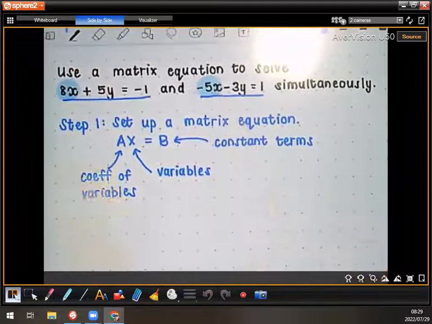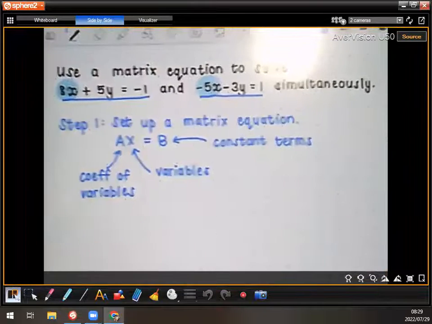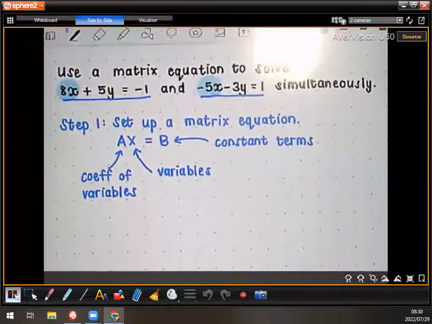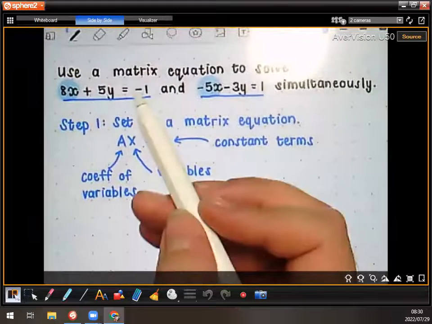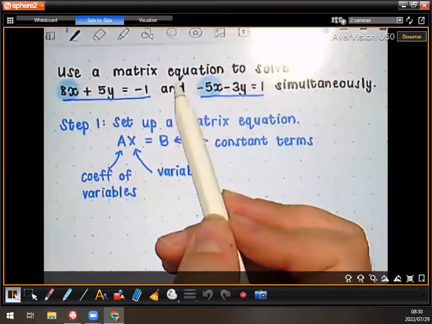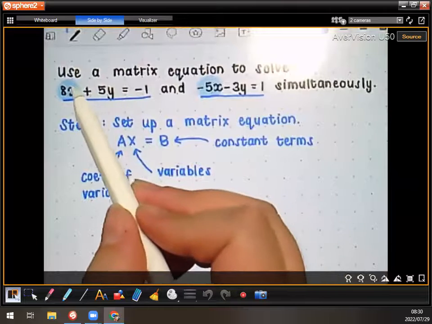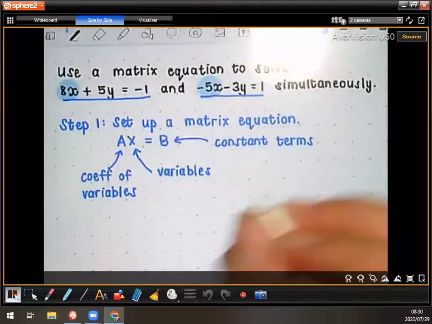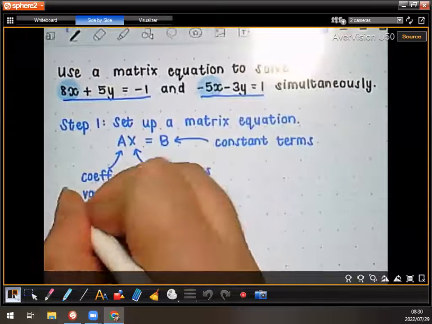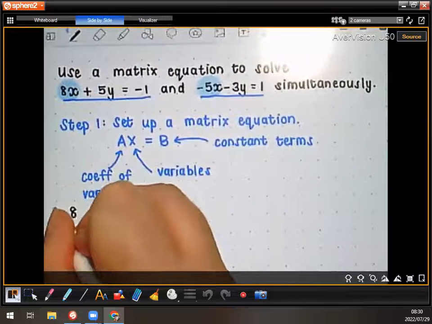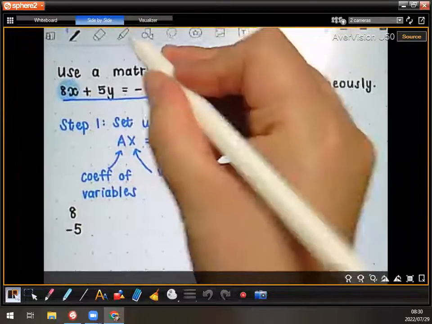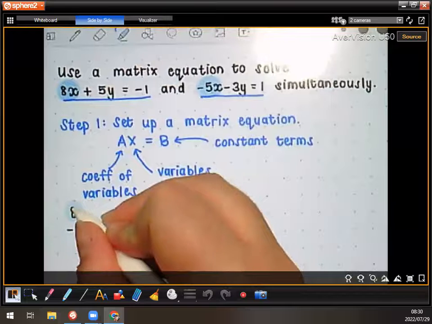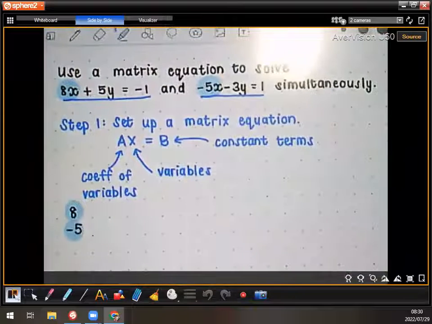Oh dear, I'm saying the wrong thing. Sorry, it's going to be the other one. They're going to be in a column. Sorry, in a column. I said row, I meant column. Sorry, my bad. So these two, I'll highlight them so that you can see that. Sorry. So the coefficients of the same variables are going to go underneath each other. Okay, so we're going to say, we'll just line this up, 8 and -5. So let's highlight them. There we go. There's that 8 and there is that -5.